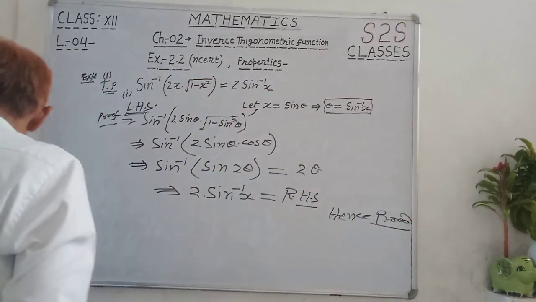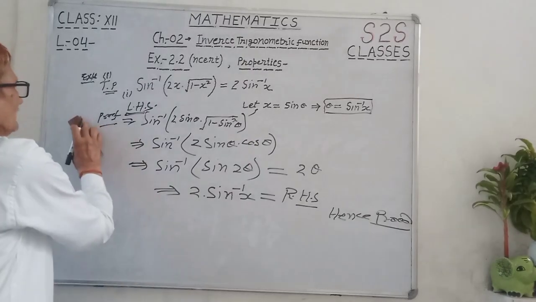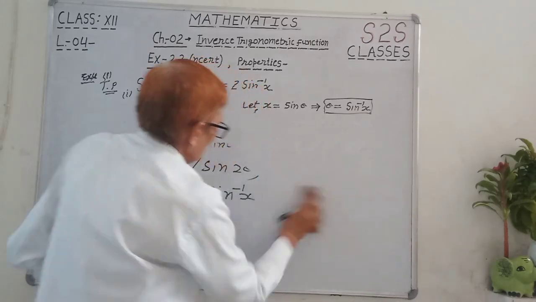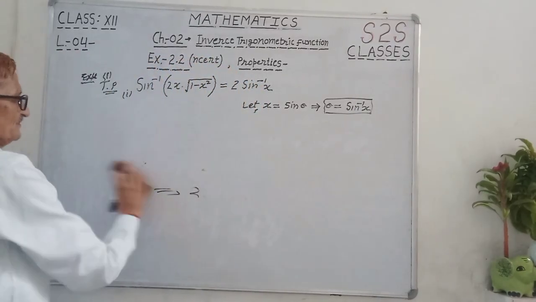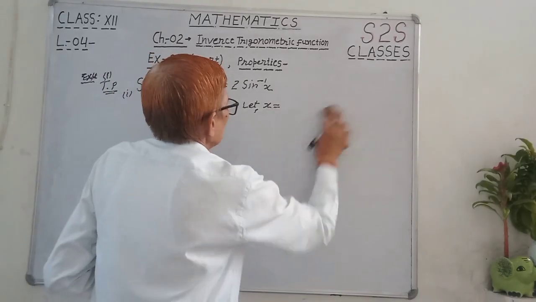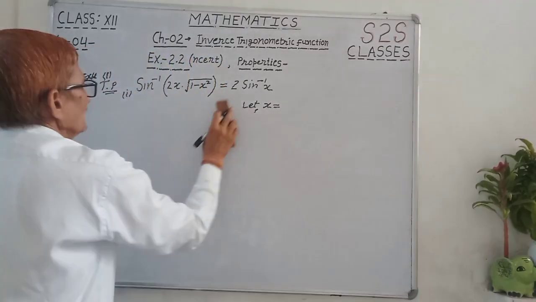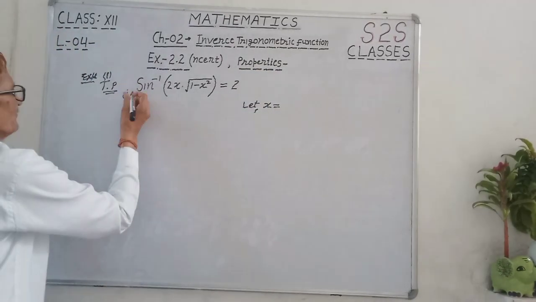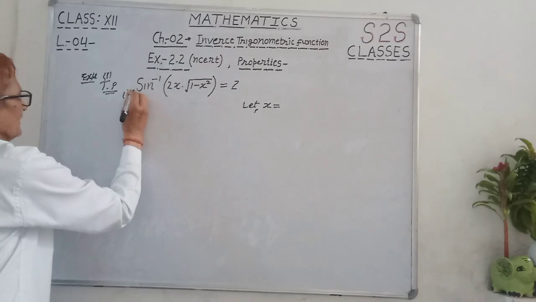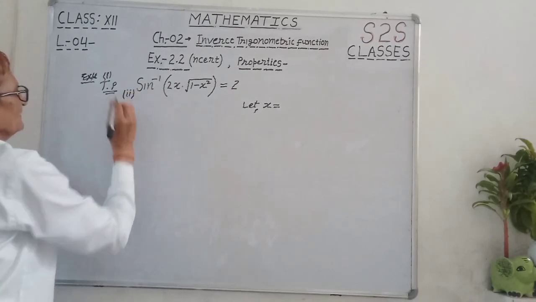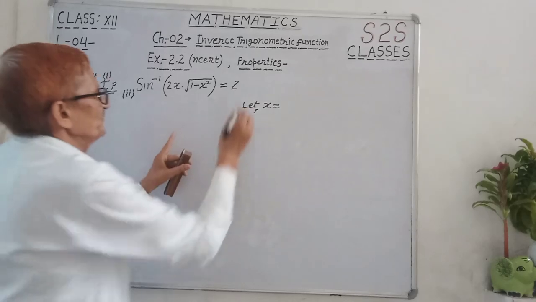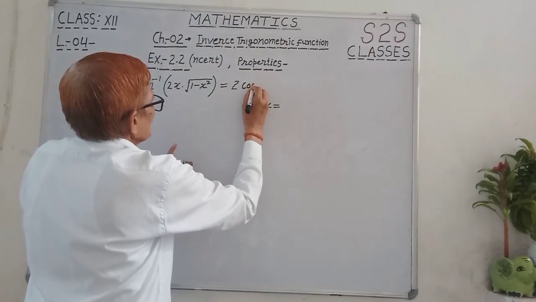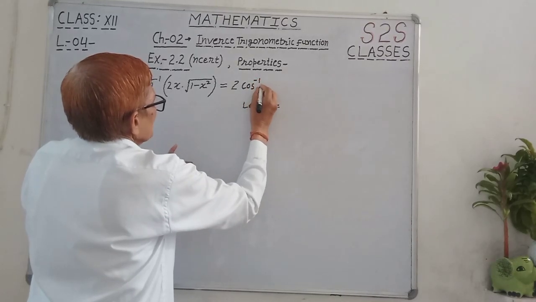Okay. Now the second part of this same example. Prove that sin inverse of 2x into the square root of 1 minus x square is equal to 2 cos inverse x.